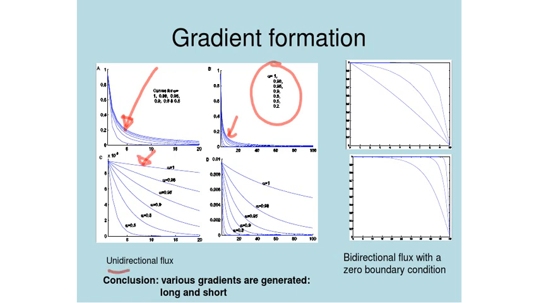This is a unidirectional case. In the bidirectional case with zero flux boundary conditions, you need the boundary condition to express what happens for the last cell. But basically you can have a long extension where you have almost no variation and then a sharp variation toward the end.